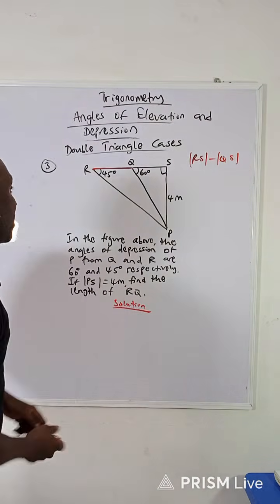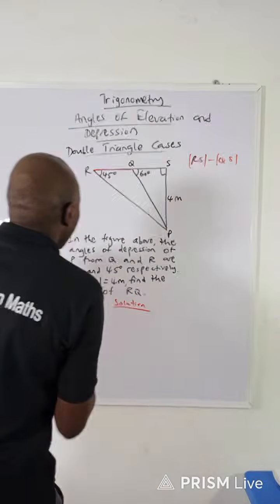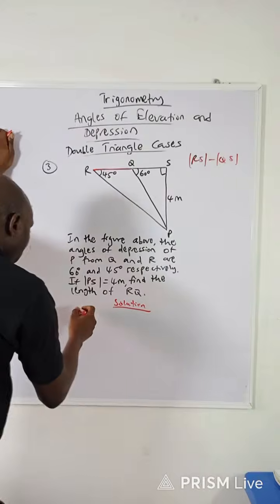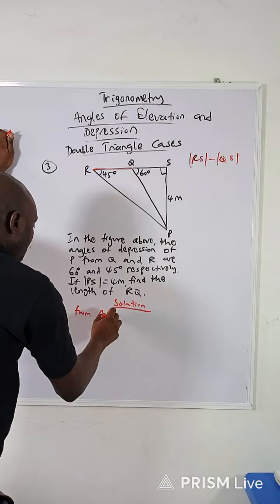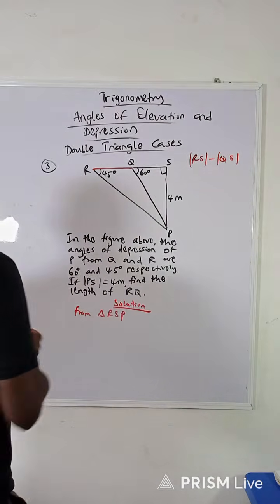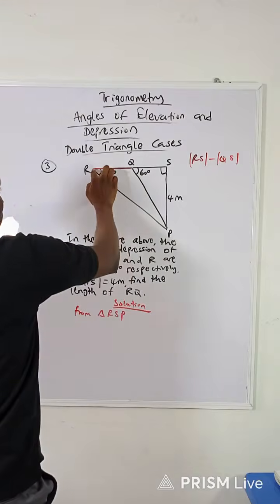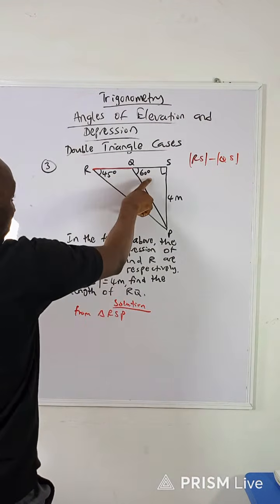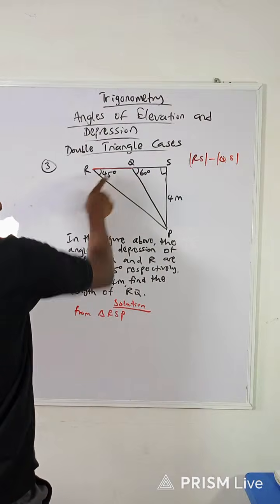So quickly, let's start with the first. Any of the triangles would be okay. So let's say from triangle RSP. If you're using this triangle RSP, you must use this angle, because this is where you can't use 60 now. You have to use this one here.